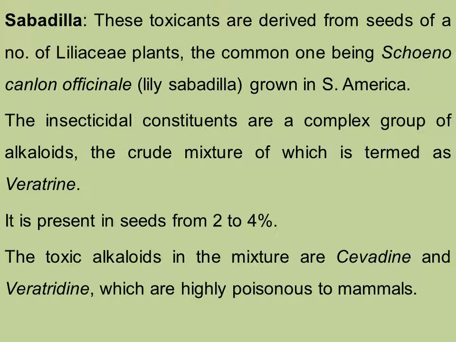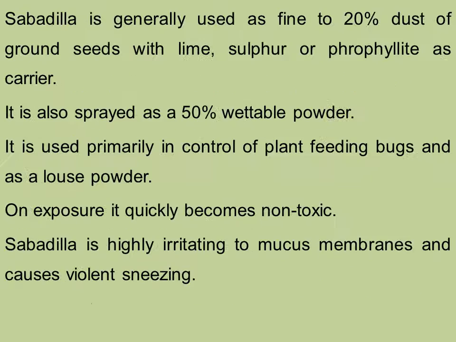The toxic alkaloids in the mixture are cevadine and veratridine, which are highly poisonous to mammals. So this is one negative aspect, that these are also highly poisonous to humans. Sabidilla is generally used as fine dust, 1 to 20% of ground seeds with lime, sulfur or pyrophyllite as carrier.